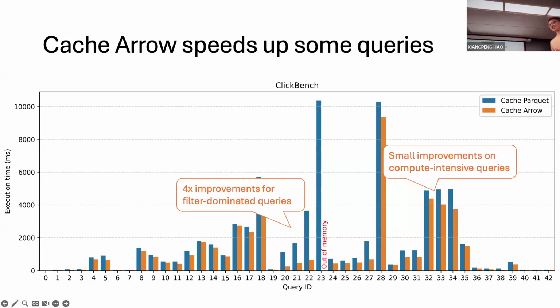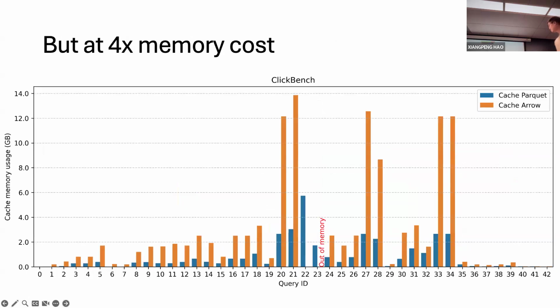Because Arrow is not as compressed as Parquet, and it's actually very memory hungry. So we want to know what the costs are. This is basically the same experiment, except that the y-axis is now the memory usage. And this time, still the lower the better. So caching Parquet, we consistently get very low memory usage, indicating that we only need to provision smaller nodes to run those queries.